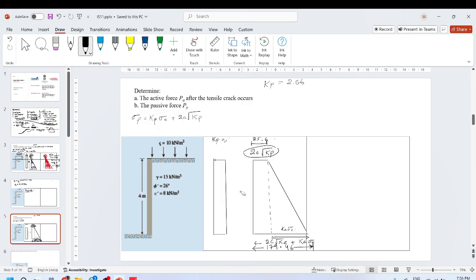I understand. I'm actually trying to draw it in parts. If you draw the rectangle separately, then another diagram should be only triangle, madam. Doesn't your passive pressure have a 2C root Kp here, and then it has a triangular part? That is a net diagram, madam.